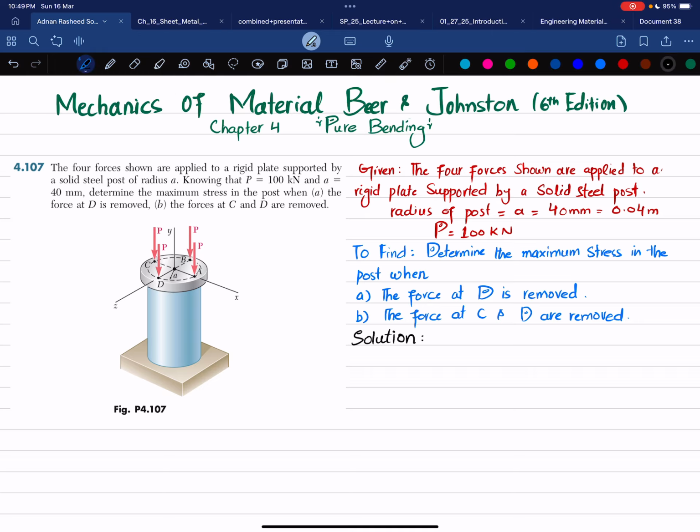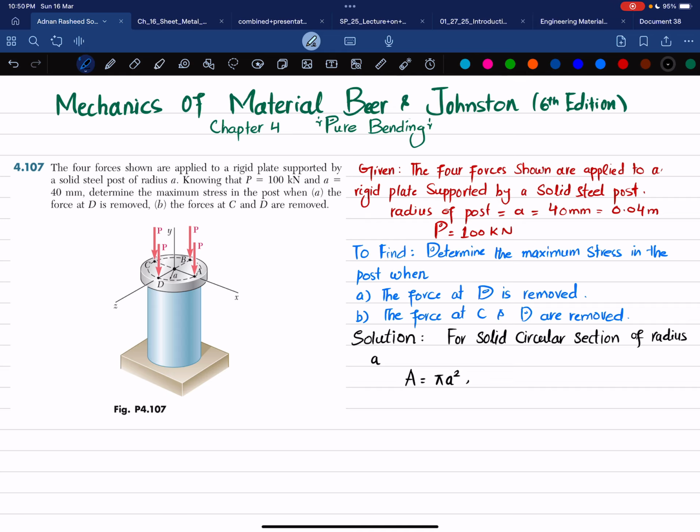What we will do is that first we will find the stress for a solid circular post. For that I will write: for solid circular post or section of radius A. We know that area will be equal to pi r squared, since radius is A, so we can write it as pi A squared.